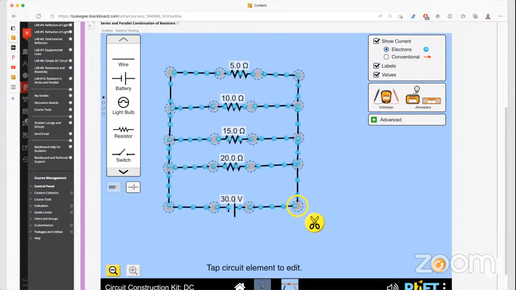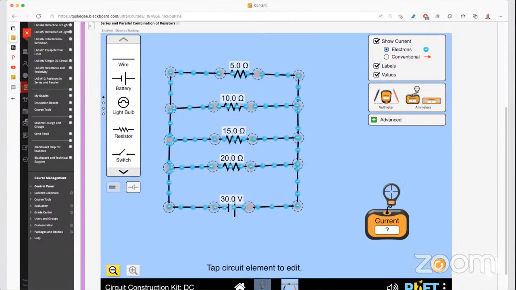But you can then test the currents, and you would see that 4 resistors wired in parallel draw more current than the ones wired in series. We had 0.9 for the series combination, and here we have 12.5, which is more than 10 times the value of the series current.